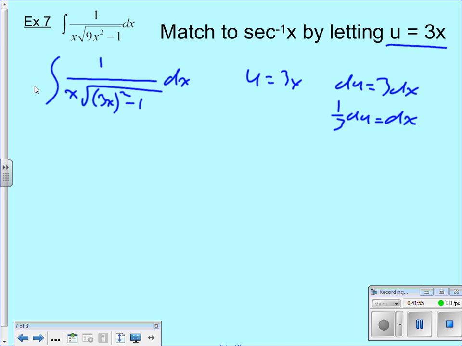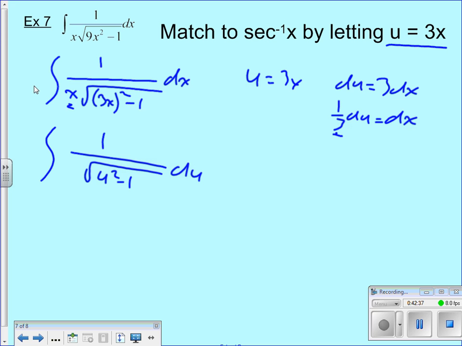Once again, it's a weird one. So I can go ahead and say, all right, get 1 over the square root of u squared minus 1 and du, but I still have to deal with this and deal with that. Well, if u is equal to 3x, x is equal to 1/3 u, right?